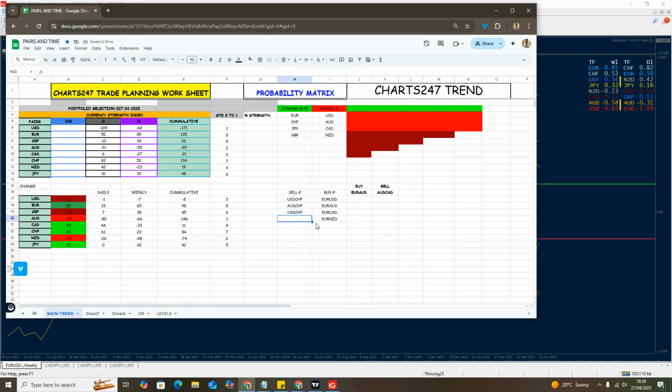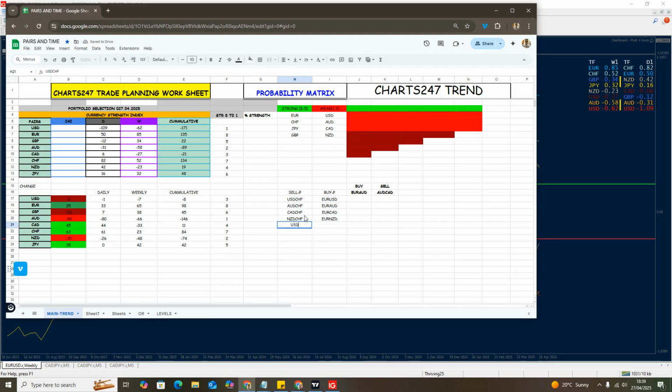We don't have to trade all these pairs, but some people like trading this type of pairs. I don't trade the CAD Swiss or Aussie Swiss. Then we've got the NZDCHF.